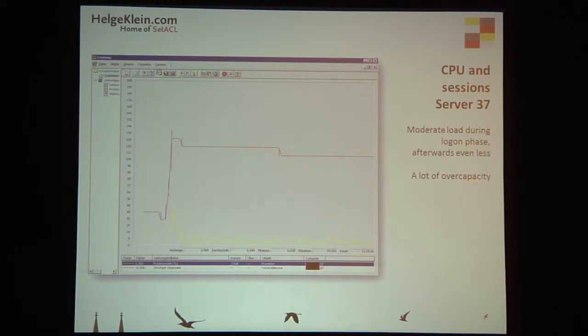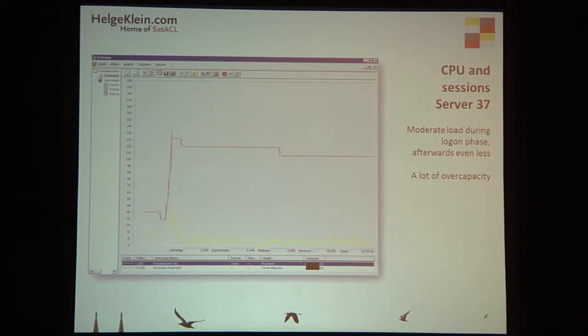I hope you can see that, or somewhat. The yellow graph goes a little up. So there's a little CPU activity during logon that's creating the user session, loading the roaming profile and stuff like that. And then after that's done, the CPU is basically idling away.